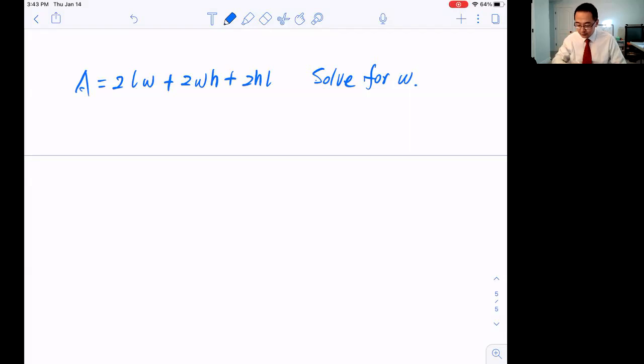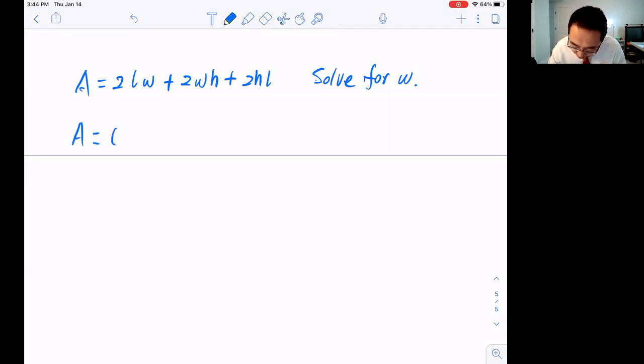Let's look at this. When I give you this whole equation with letters, not all letters, there are some twos in there, and ask you to solve for one of the letters, you treat the one you're solving for as the unknown and everything else as a constant. So I want to put W together as one term because that's the unknown I want to solve.